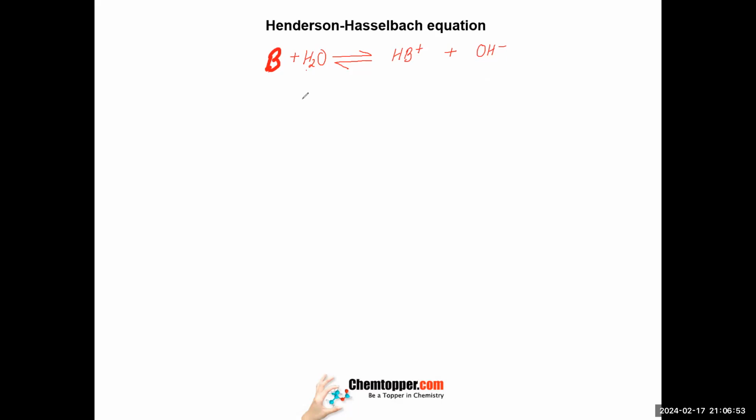Okay, fine. Now let's write down Ka or Kb? Kb, the base dissociation constant. It is the concentration of BH plus times the concentration of OH minus over the concentration of B. This water is liquid, so it's not part of the equilibrium.